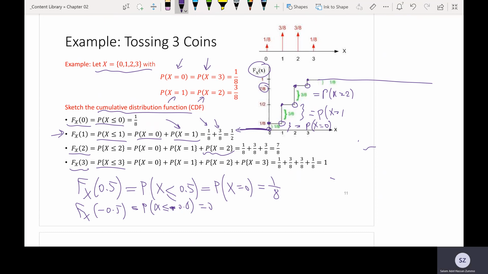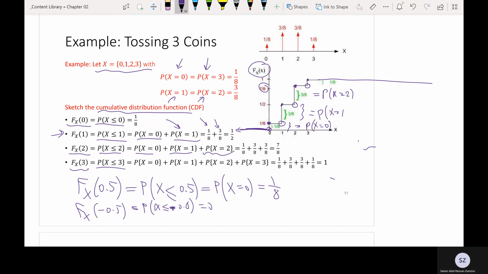And between 0 and 1, it continues to be 1 over 8, because F_X(0.2) is equal to the probability that X is less than or equal to 0.2, which is the probability that X equals 0. We said that in order to find the probability, we go to the definition and then find the corresponding events.